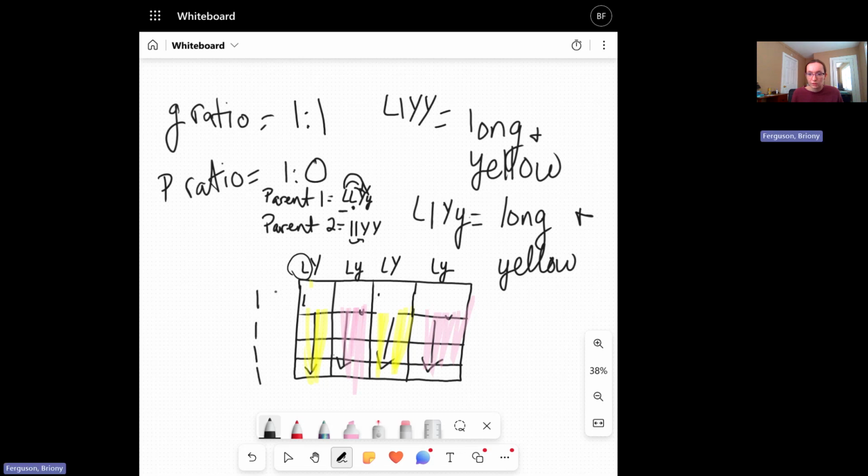And homozygous recessive for color. Oh, no, we already did that. Oh, yeah. Here we go. So we're going to have L, L, L, L, all recessive.